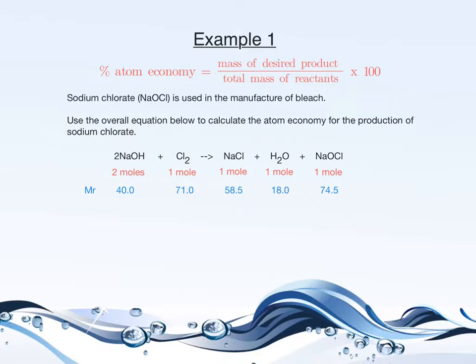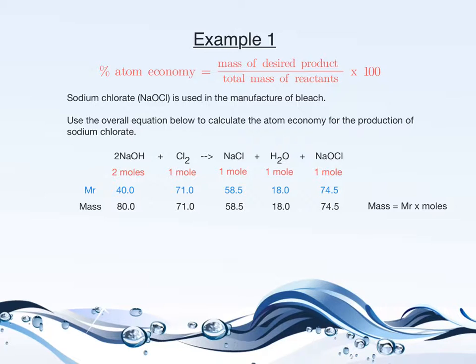Remember, MR is only one of any of the reactants or products. So multiplying the moles by the MR gives us a mass for the sodium hydroxide of 80.0, for the chlorine of 71.0, sodium chloride 58.5, water 18.0 and sodium chlorate 74.5.